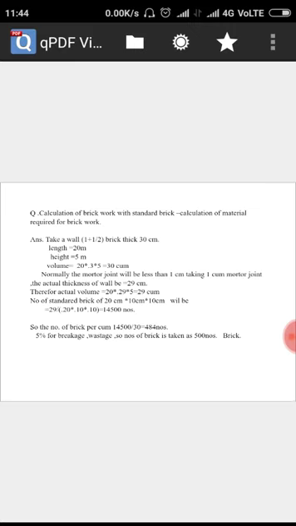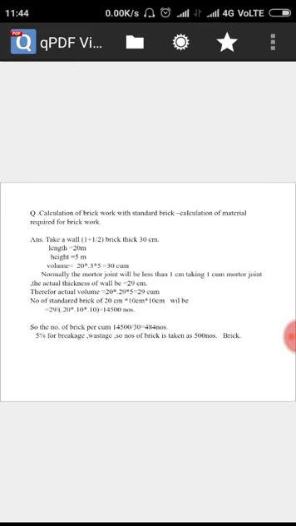So the number of standard bricks of 20 centimeter into 10 centimeter into 10 centimeter will be 29 divided by 0.20 into 0.10 into 0.10, that is 14,500 bricks. This is for the 30 cubic volume.